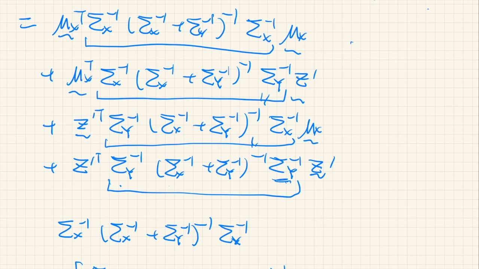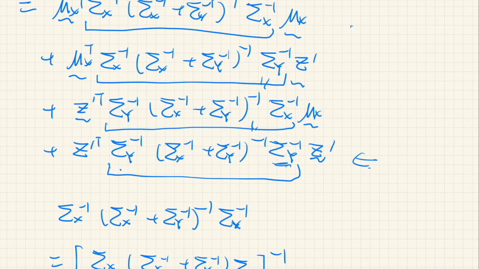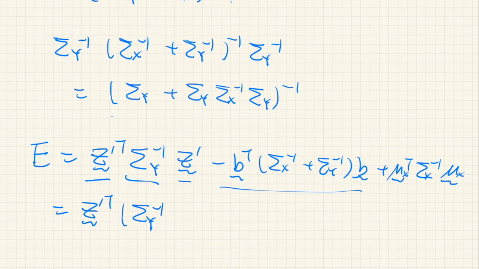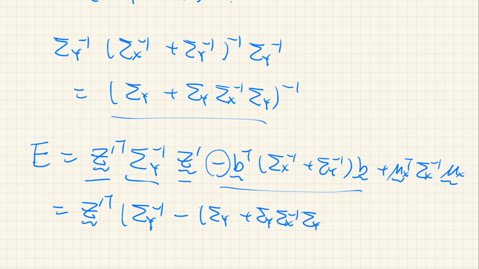Let's consider the z' part here. So for this one, we have z' transpose Σy⁻¹, we have this, and don't forget the negative sign here. Then we have Σy, Σx⁻¹, Σy, everything inverse here, and z'.